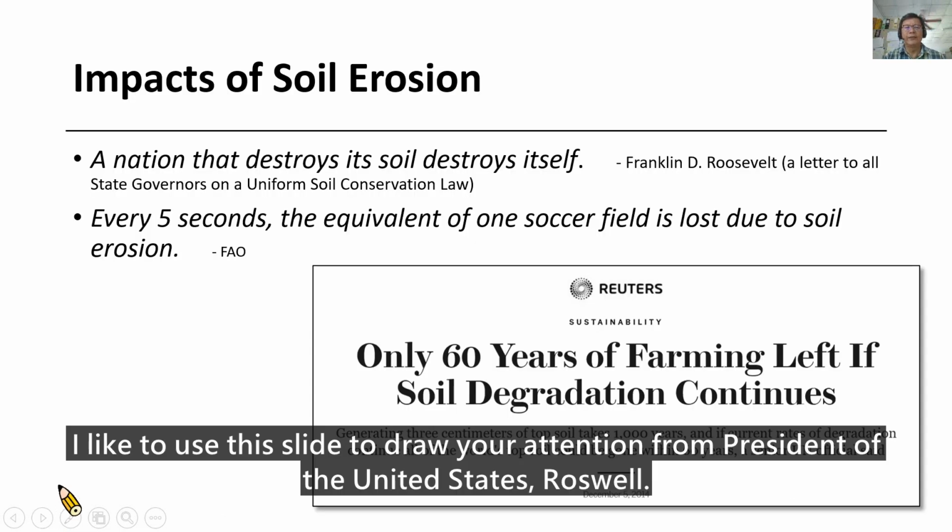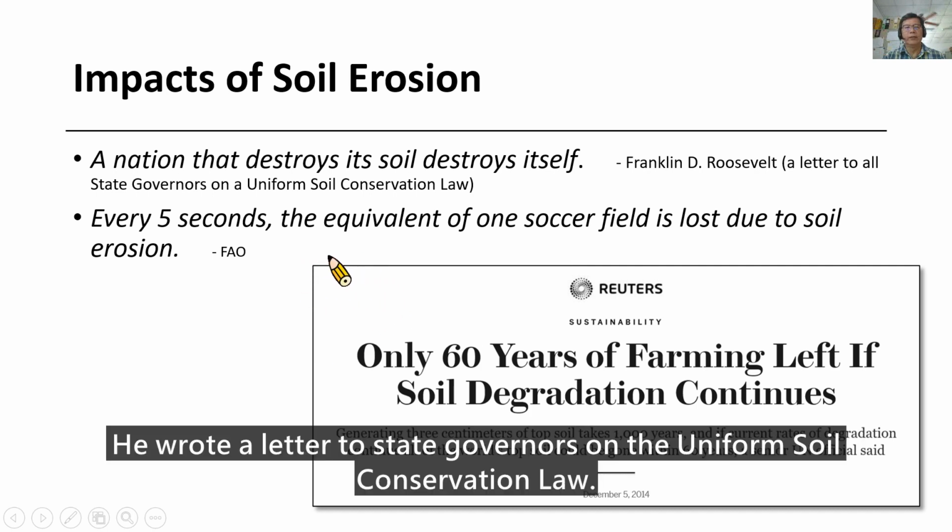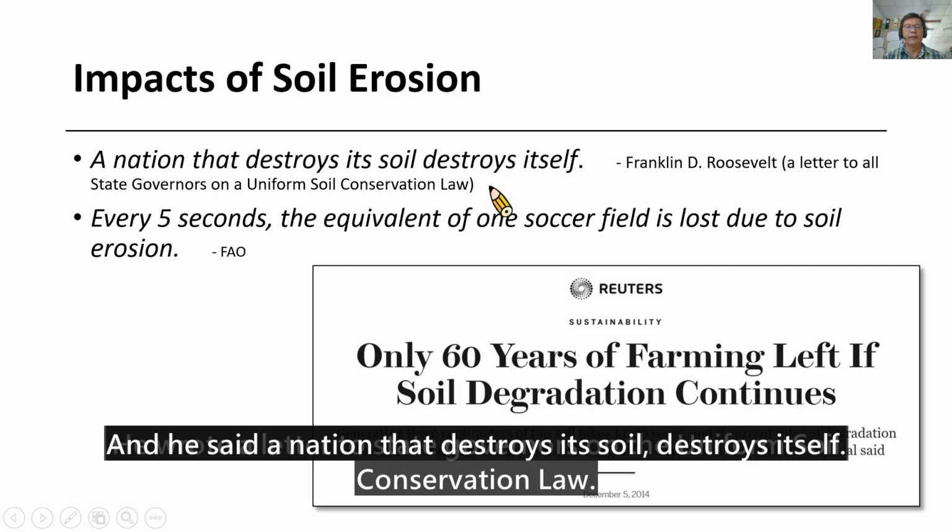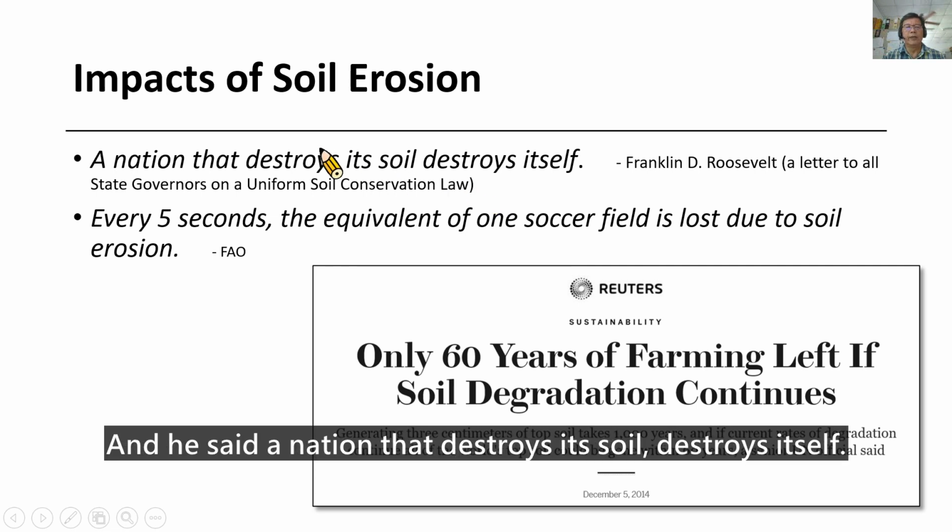I like to use this slide to draw your attention. A former president of the United States, Roosevelt, wrote a letter to state governors on the Uniform Soil Conservation Law. And he said, a nation that destroys its soil destroys itself.